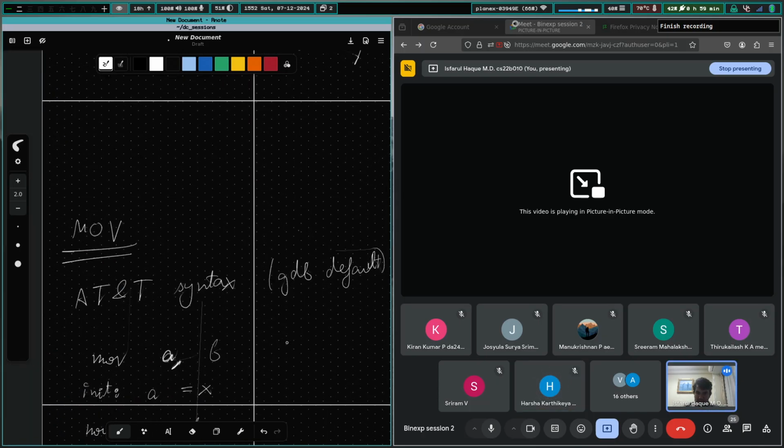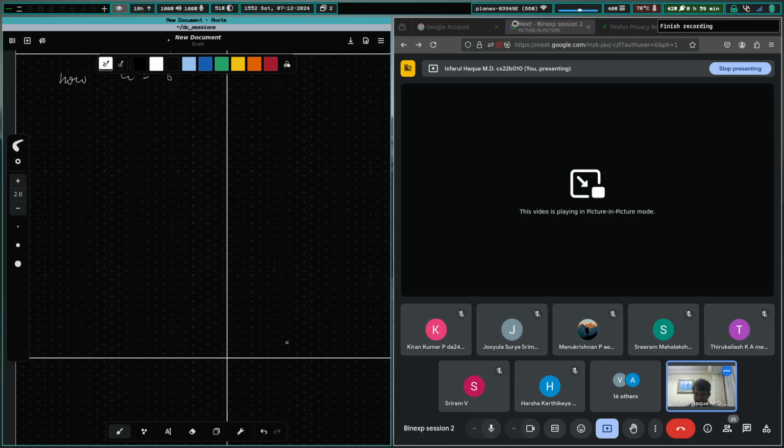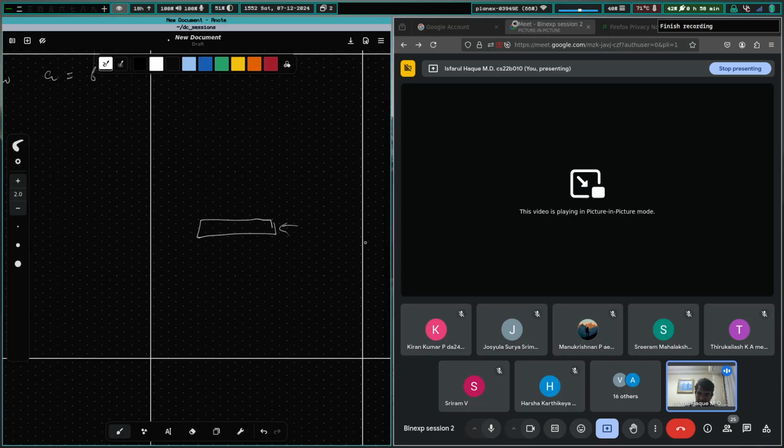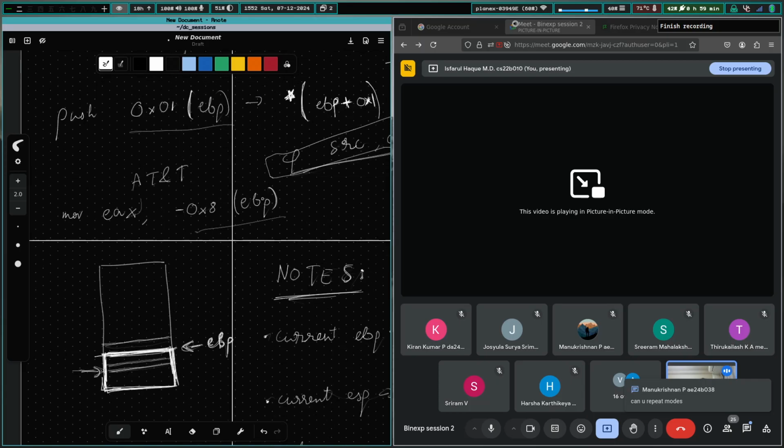So these were some basic things, and we were at addressing modes, right? So how is this helpful? You have EBP pointing to old EBP, EBP minus 4 pointing to old EIP. Can you repeat the modes? Sure. Write them down.